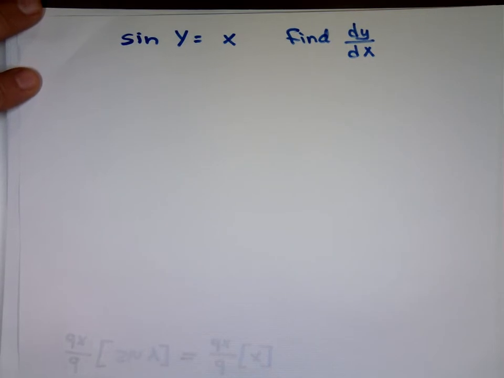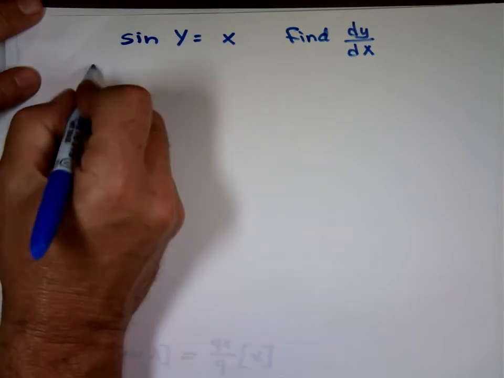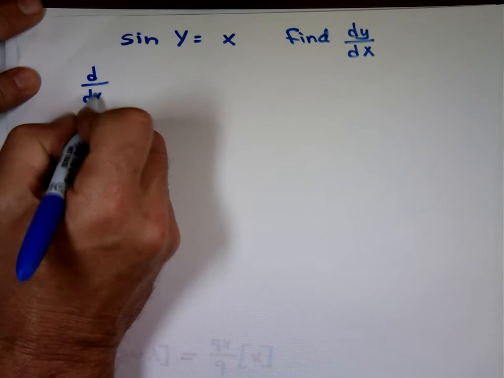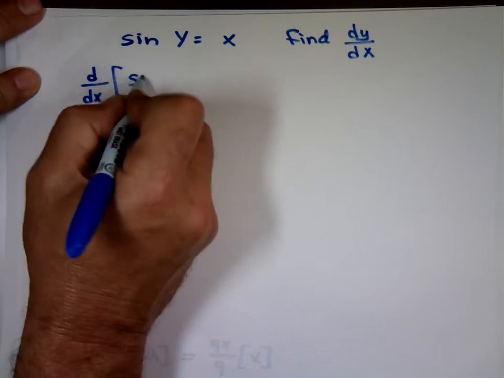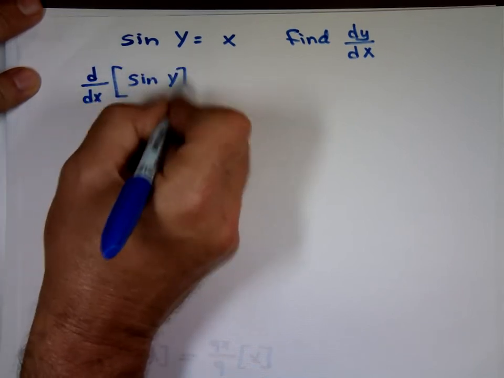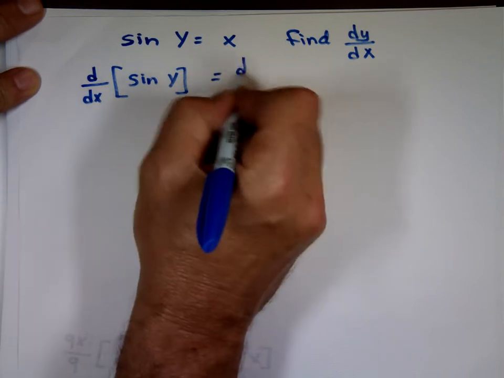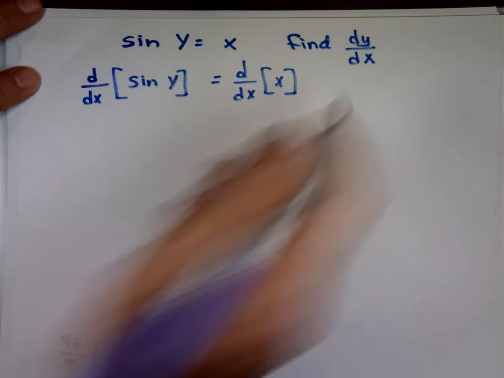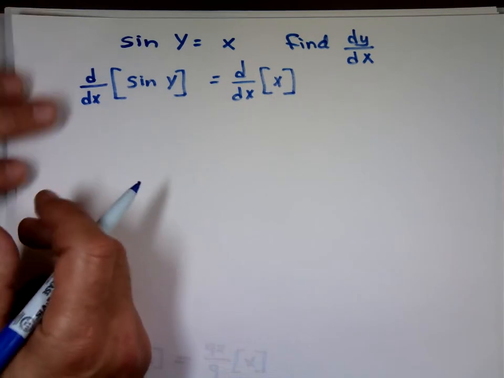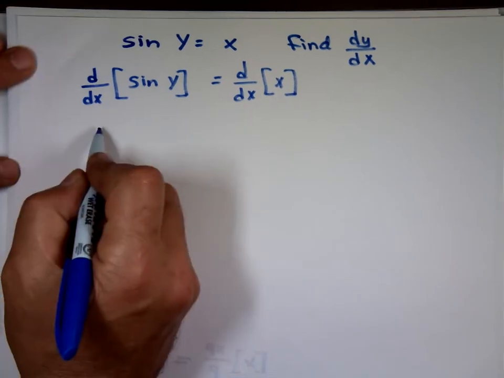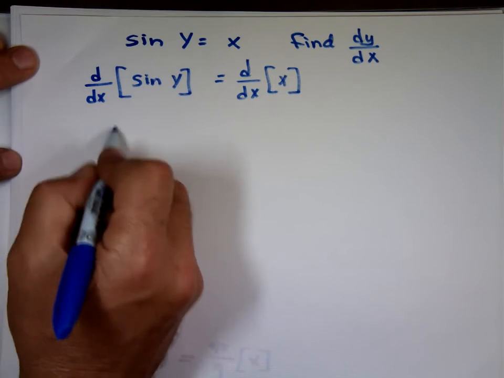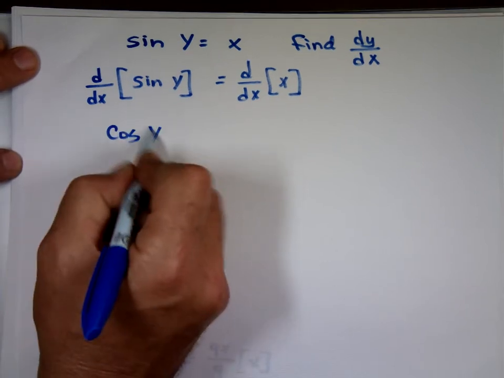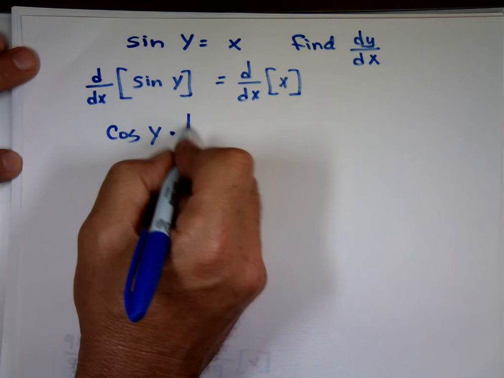So you have to take the derivative of each side. That's what I started doing there. It should equal the derivative of the other side. What's the derivative of sine y? Cosine y, keep going, you're not done. dy/dx.